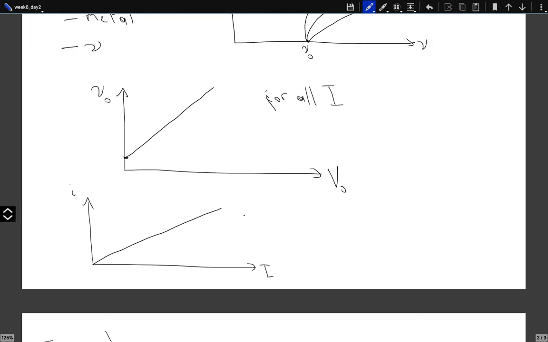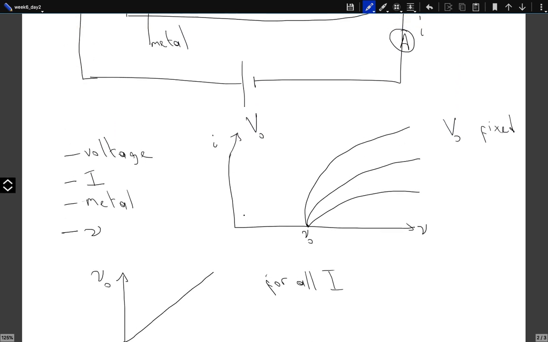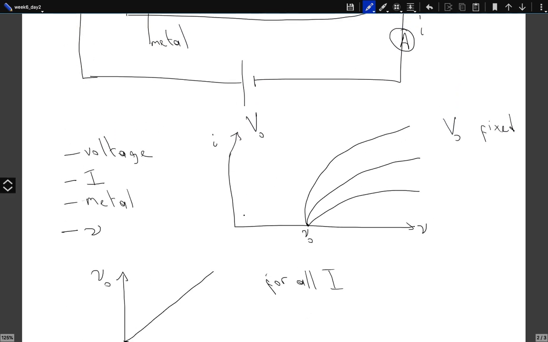So the idea is, let's start with the existence of this nu zero.